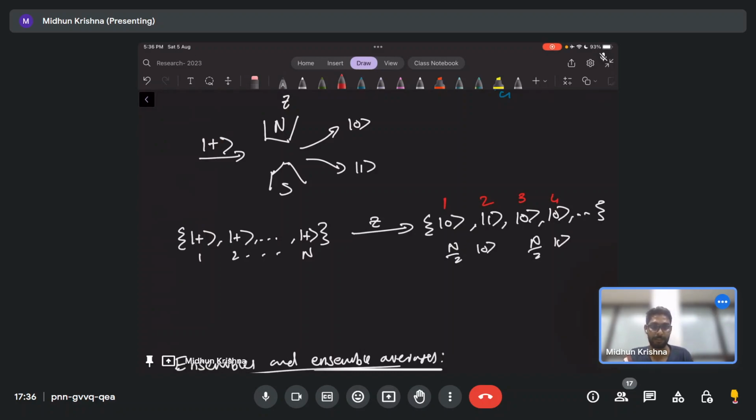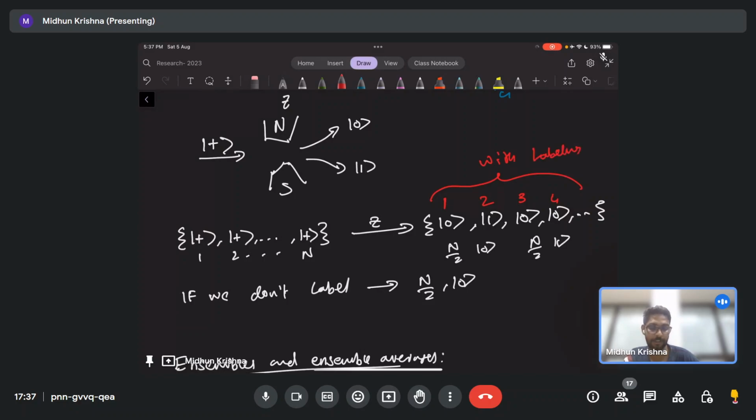Now, if I don't label them, all I know is n by 2 of them are 0 and n by 2 are 1, right? So if we don't label, then all we have is n by 2 are in 0. This is with labeling.